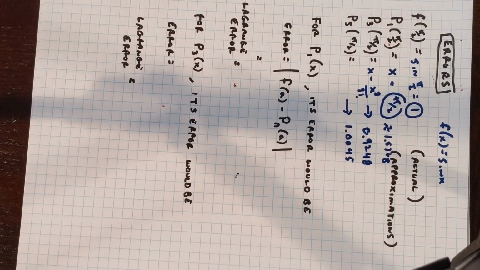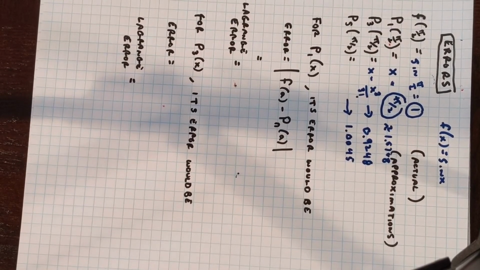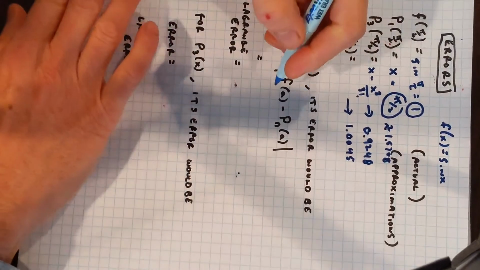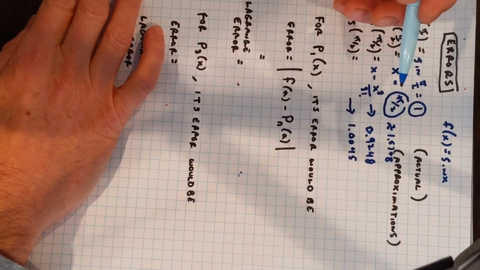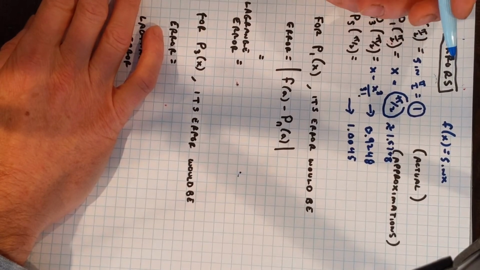Now, there's basically two types of error that these things create. The first one makes a lot of sense, because your error is just your original minus your approximation.